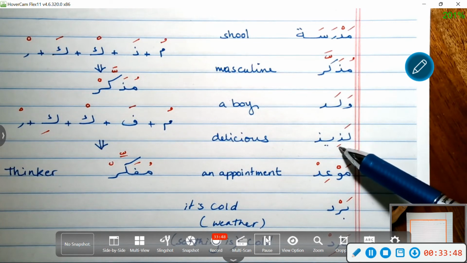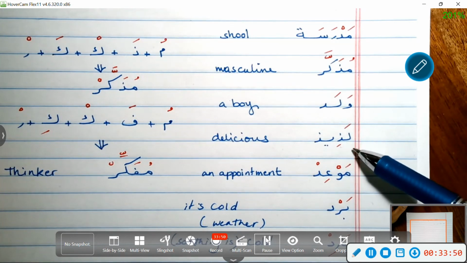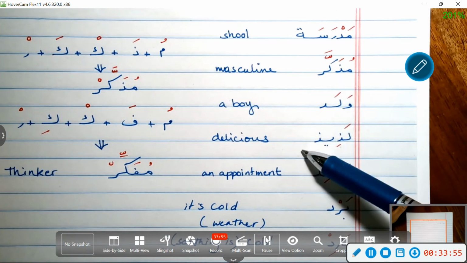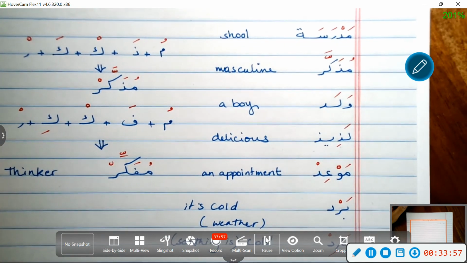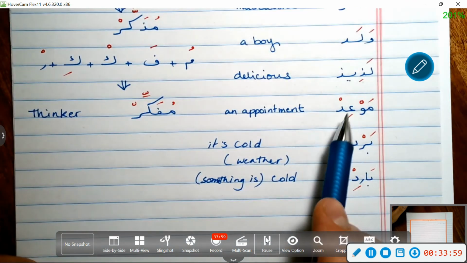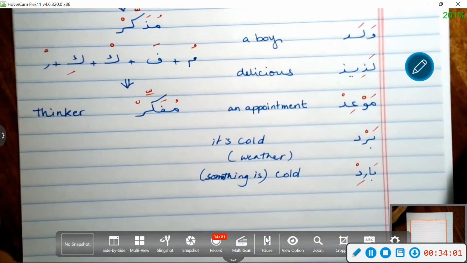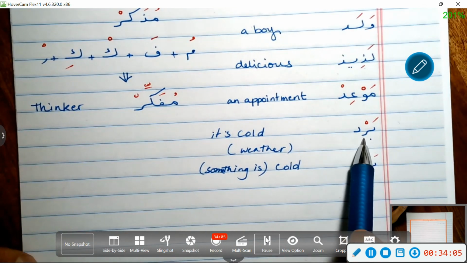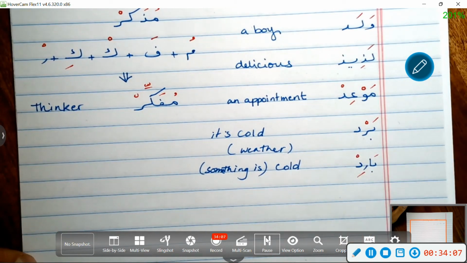The second dal is connected from the right, and there is nothing after it. Same thing with maw'id, dal at the end. Bard, dal at the end, and ra also in the middle is not connected to the left. Barid, ra is not connected either to the right or to the left, because to the right there is alif, and alif doesn't connect, and to the left there is dal, and ra itself doesn't connect.